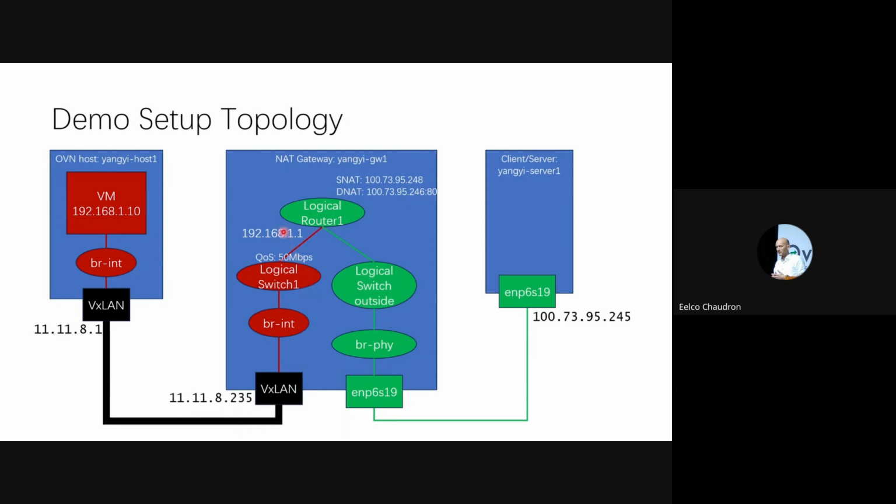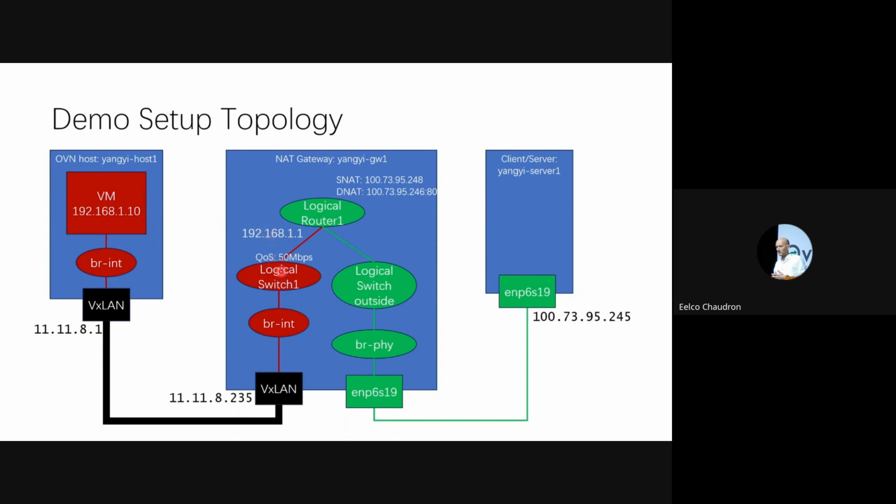The default gateway IP of the virtual network is configured in the logical router. It's 192.168.1.1. The VM in the OVN host is configured with this default gateway IP by DHCP.